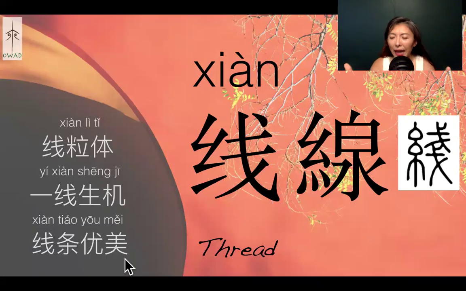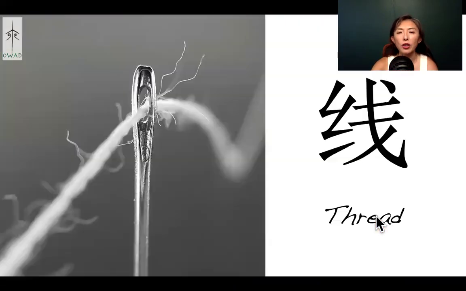So 优美 together describes this excellent representation of the best of the human species, a good specimen, let's say, in good, elegant movement. And that's the description of 线条, mostly for dancers, sometimes for people who are good postured.